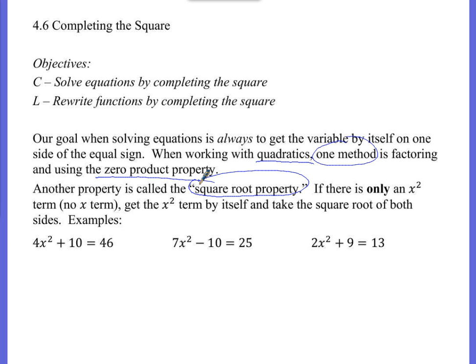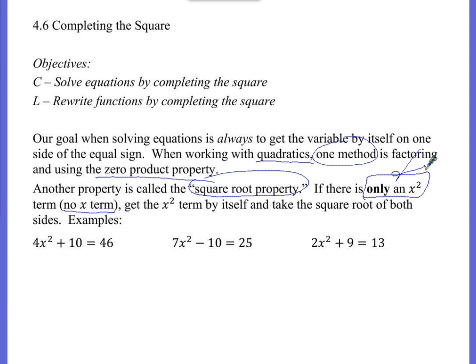To use the square root property, you need to only see an x squared term. There cannot be an x term. If that's the case, then get the x squared term by itself on one side, and then you can take the square root of both sides. This only works, though, if you only have the x squared term. So take a look at these three examples.